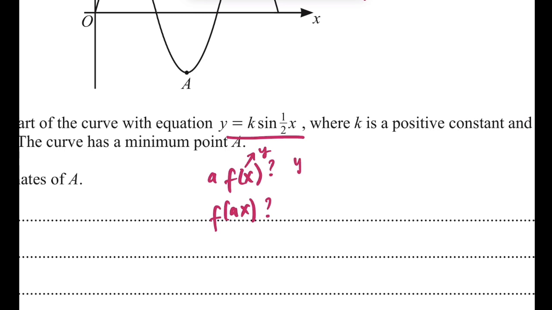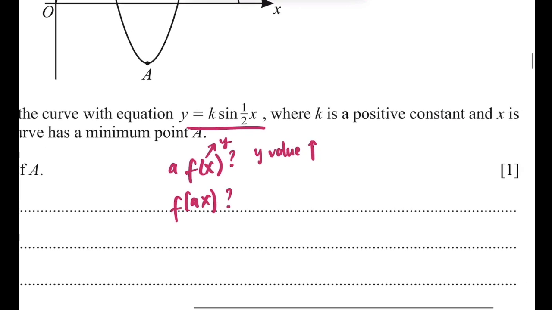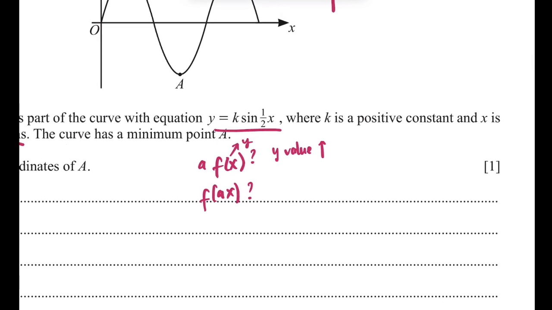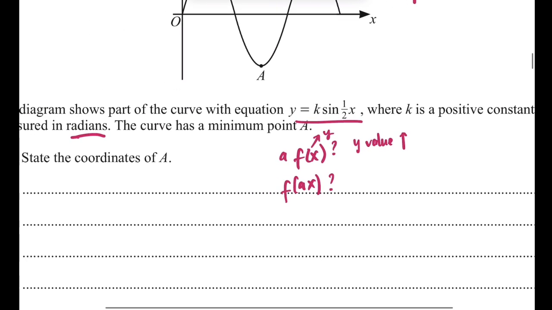So the y value becomes higher. Now, if we talk about the graph, if we make the y value higher, for example, this is just a sketch, okay? If we have the original graph like this, if we times f(x) by a, it will enlarge in the y-axis direction.